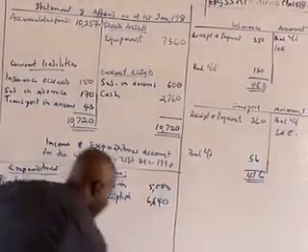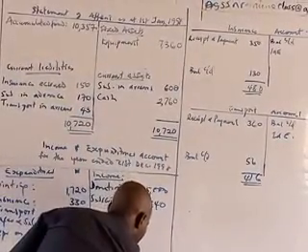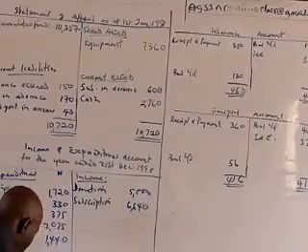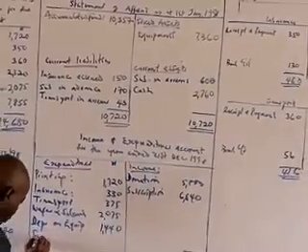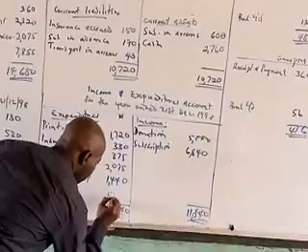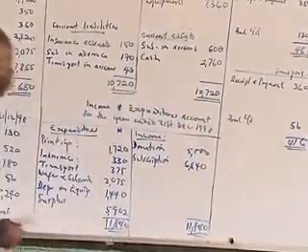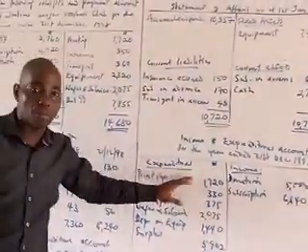If you add this together, you have 11,840. If you deduct from this, you will have our surplus, which is 5,902.